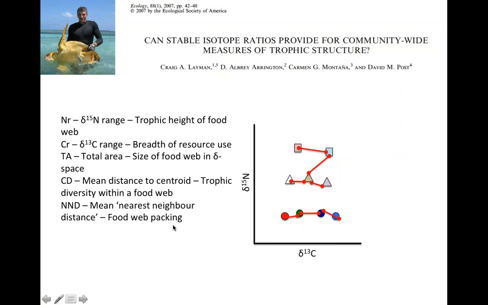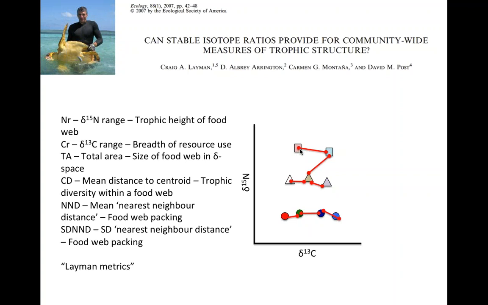The mean nearest neighbor distance, MNND, is essentially the distance in isotope space between one population and the nearest population to it. And again, this is another measure of food web packing, how closely together the different consumers are within the food web. And then finally, he's looked at the standard deviation of nearest neighbor distance, SDNND. And again, that's another measure of food web packing.